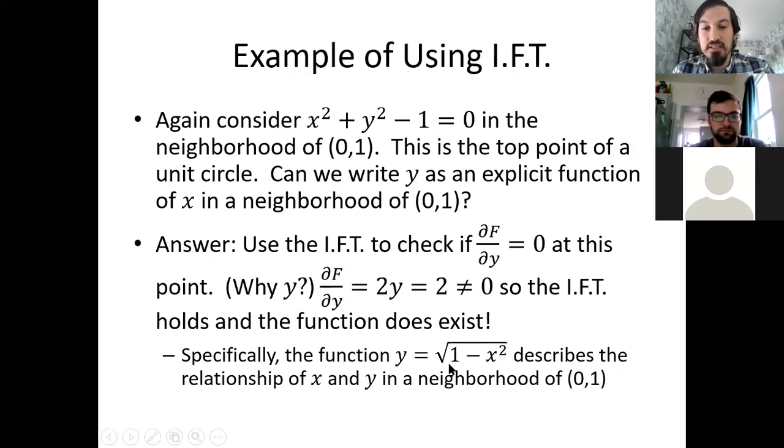Therefore, the theorem holds and the function does exist. Specifically, y equals the square root of 1 minus x squared. You don't have to type out sqrt, because PowerPoint has a decent math font, an equation editor. This is just a description of what we already did, which is why I'm going through it quickly.